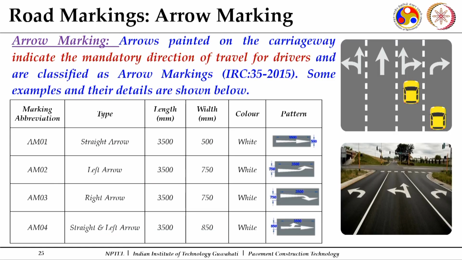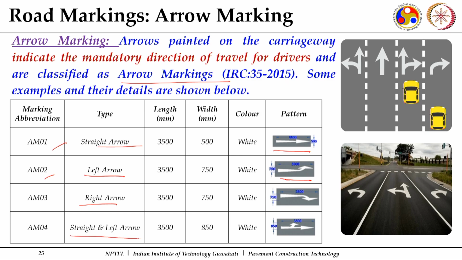Then we have the arrow markings, which are painted on the carriageways, and they give us the mandatory direction of travel for the users and are classified as arrow markings. And again some of the examples are shown here, like a straight arrow, another one is a left arrow, and again the dimensions are shown, a right arrow, what the length is to be, what the width is to be.